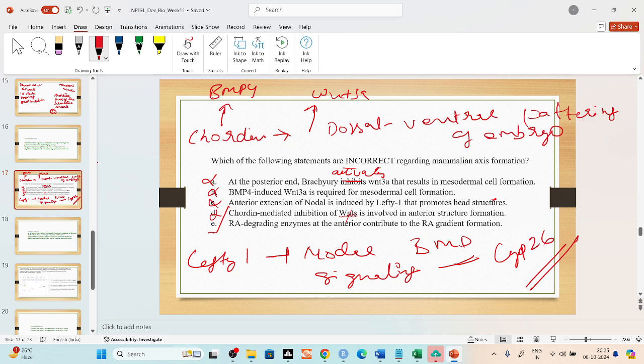And yes, it is true that chordin is involved in anterior structure formation, but it accomplishes its task not by inhibiting the Wnt pathway but the BMP pathway. Then RA degrading enzymes at the anterior end contribute to RA gradient formation. RA means retinoic acid. So yes, it is a correct statement. Retinoic acid degrading enzyme, for example CYP26, basically degrades the retinoic acid in the anterior end, which helps in establishing a proper gradient for the axis formation.